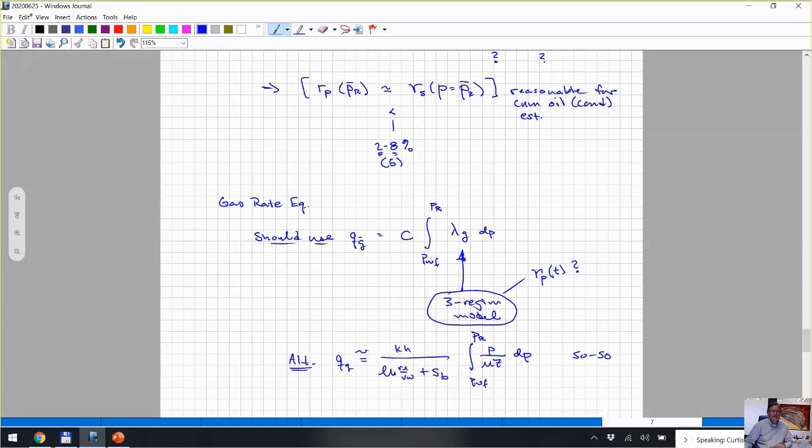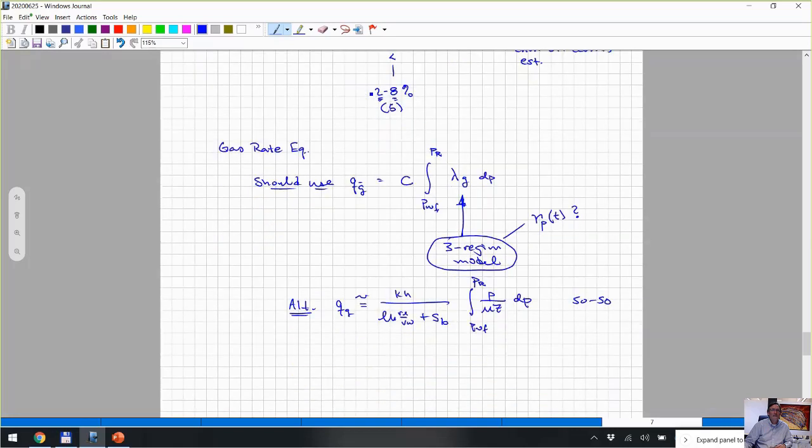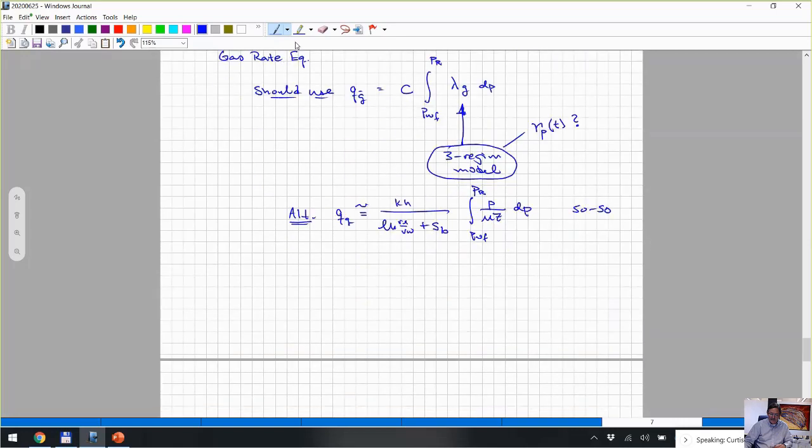Yeah, but this uncertainty in the RP value, 2 to 8%, it is going to affect the region 1, right? Region 1 performance. Well, the problem is that region 1 goes everywhere, all the way out to the initial dew point if it's undersaturated, or all the way out to the average reservoir pressure if it's saturated.